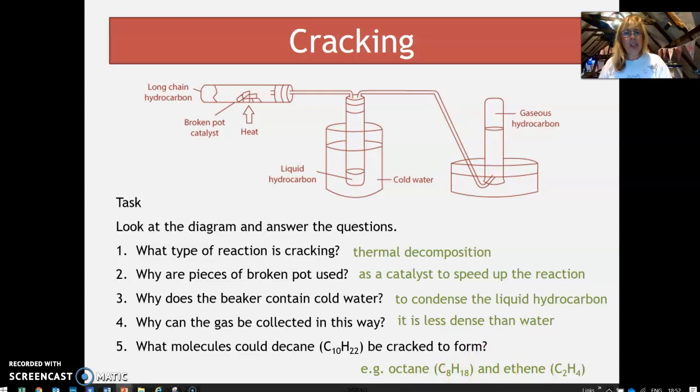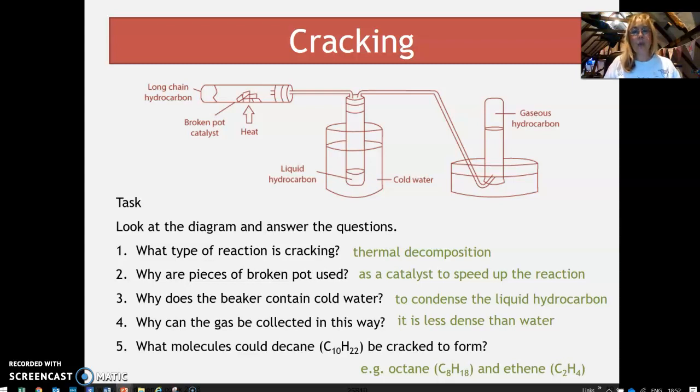Now, a couple of things to question you on. How would you know that an alkene is being formed? Pause the video and discuss it with your neighbor. Okay, so the question was, how would you know that an alkene is being formed? Well, you would need to bubble that gas through some, do you remember what the test was?